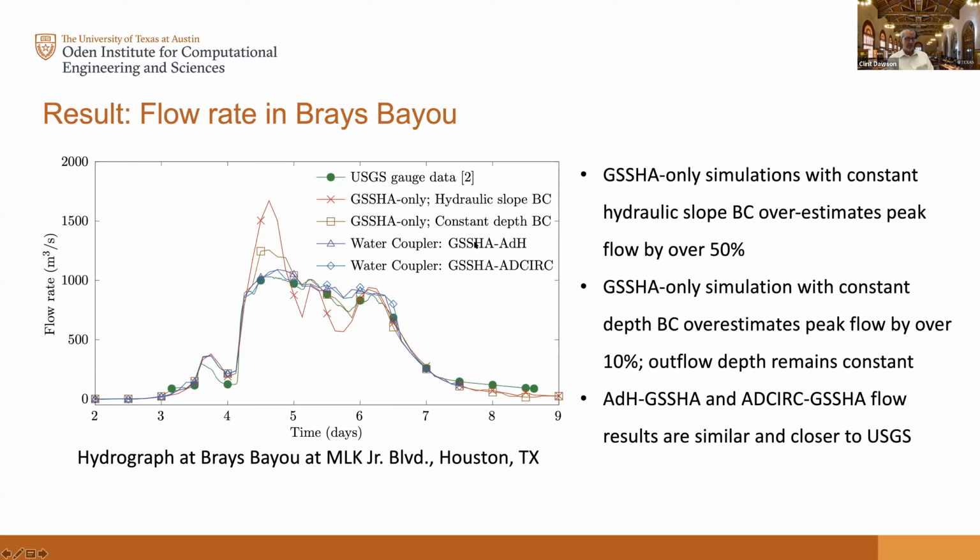But if we coupled GeoClaw to ADCIRC through this coupling software and we provided the proper downstream boundary conditions, then we got good matches with the data. So this was encouraging that these kinds of coupled models can actually work quite well together.